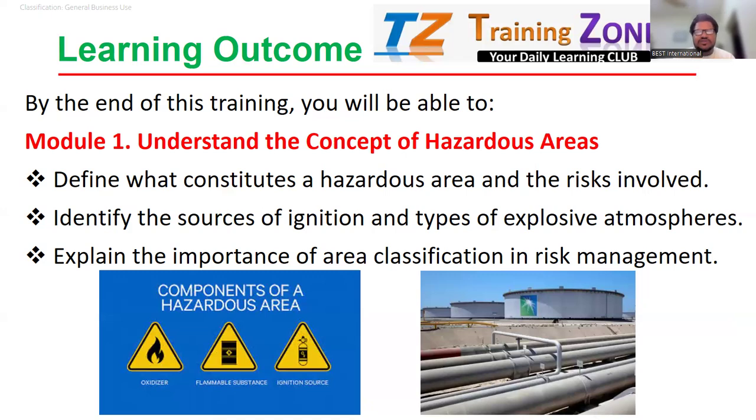The ultimate crux is to achieve a zero accident club, zero incident club. That can only be achieved if you focus on effective risk management. So in that context, we have to understand the importance of area classification. And if we understand it, we'll be capable of managing any sort of risk, especially in hazardous areas. Okay.